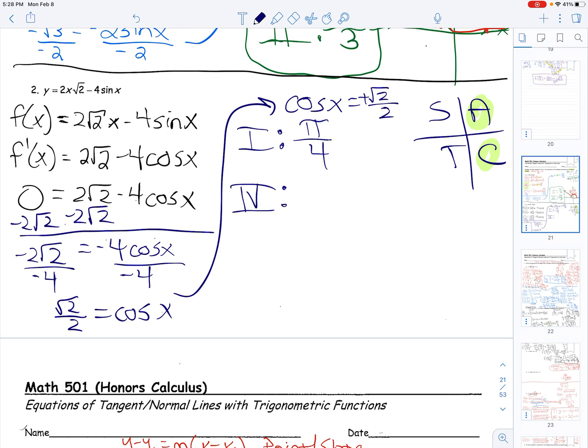All right, so pi over 4 is the quadrant 1 angle, pi over 4 radians. Cosine is also positive here in quadrant 4. So I want an angle in quadrant 4 whose reference angle is pi over 4 radians, but I'll use the 45 degrees just to help explain this.